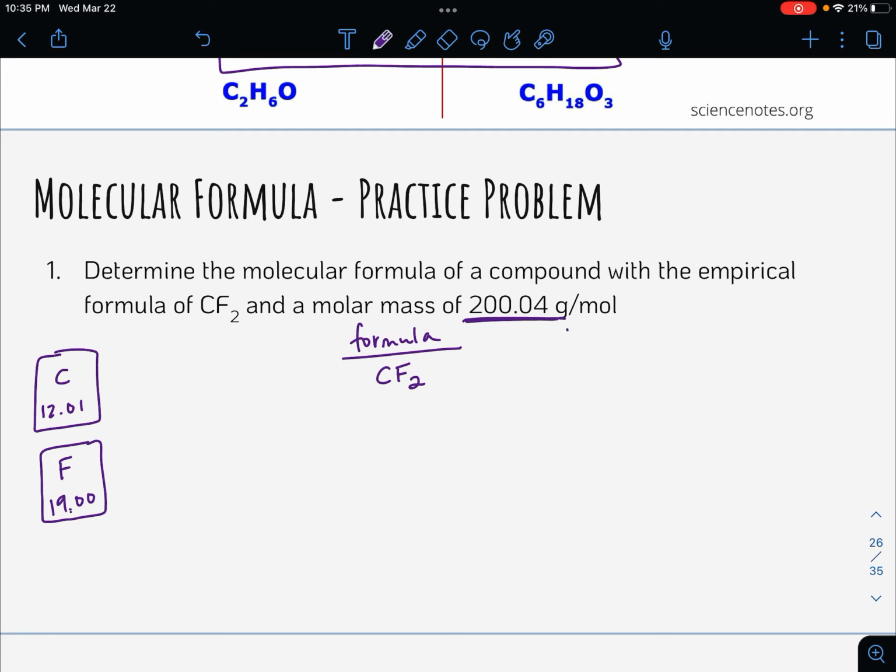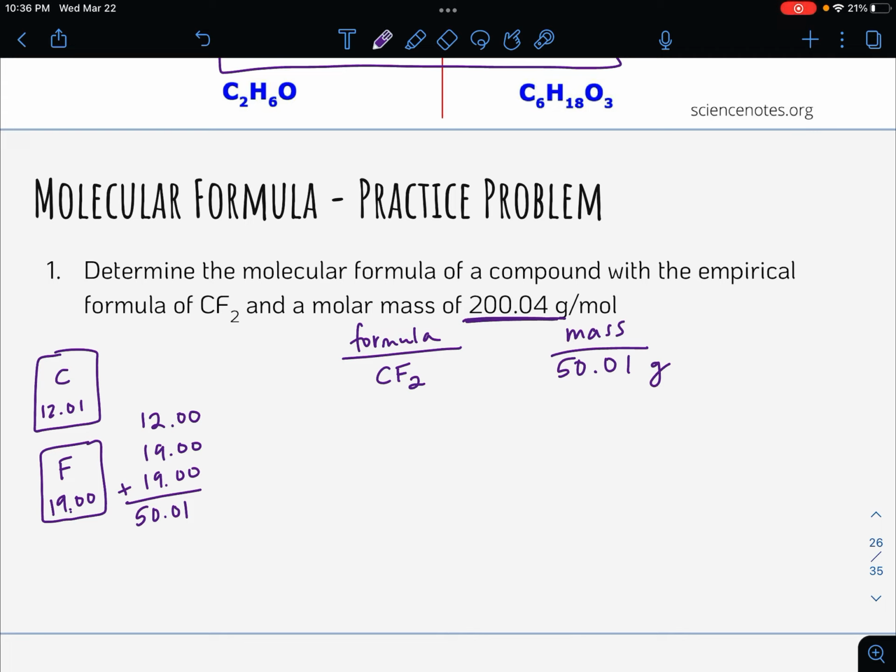If I wanted to find the mass of this formula, I have one carbon, so that's 12, and I have 2 fluorines. If I add all of that up together, I get 50.01. So the mass of this empirical formula is 50.01.